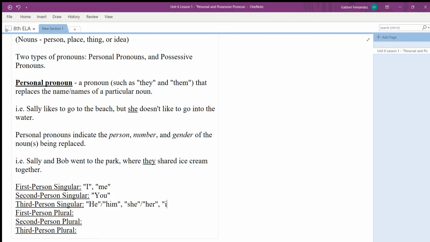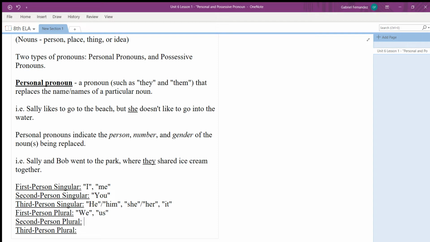Or on the other hand, a word like it, either if we're talking about an inanimate object, or something like an animal, where possibly the gender is unknown. Now, if we're talking about first person, but you've got yourself and someone else included in the mix, your pronouns are we and us.